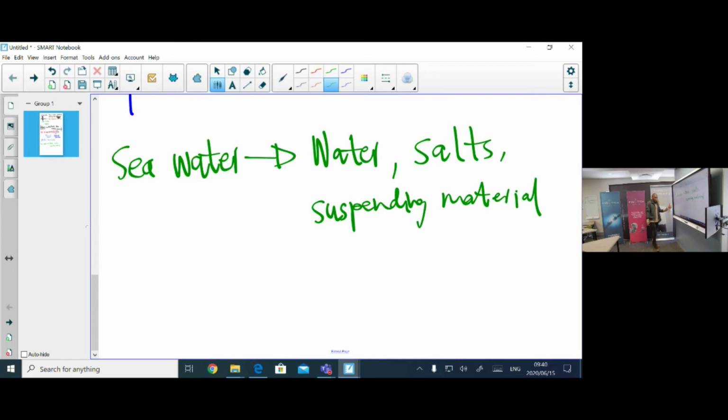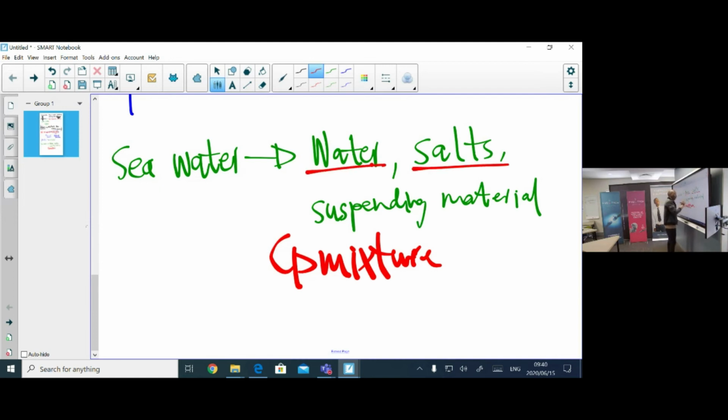So seawater will come and form part of a mixture, right? Because these are components or substances or materials that are not chemically bonded to each other, right?